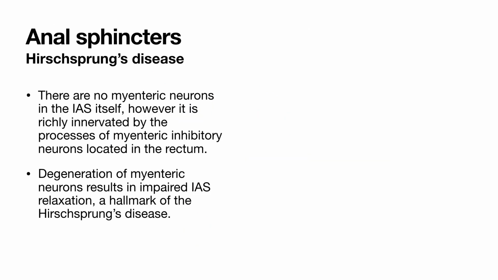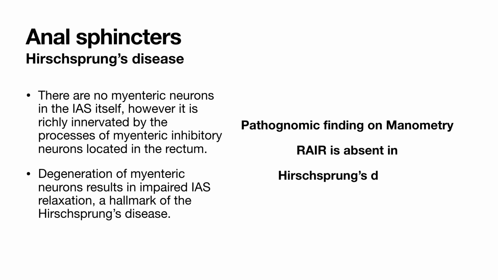In Hirschsprung disease, there are no myenteric neurons in the internal sphincter itself. However, it is richly innervated by processes of the myenteric neurons located in the rectum, and degeneration of these neurons results in impaired internal sphincter relaxation, which is a hallmark of Hirschsprung disease. And a pathognomonic finding on manometry is that RAIR is absent in Hirschsprung disease.